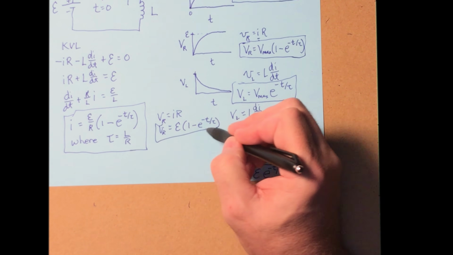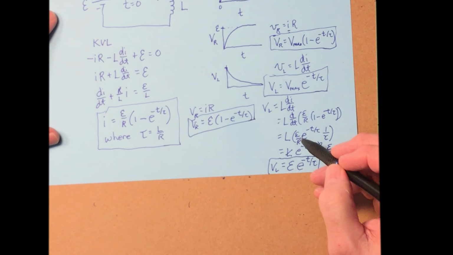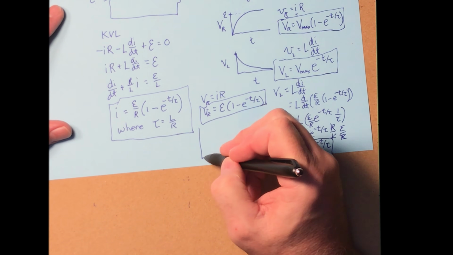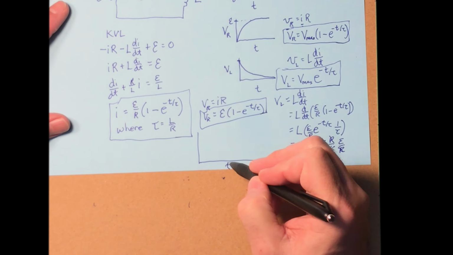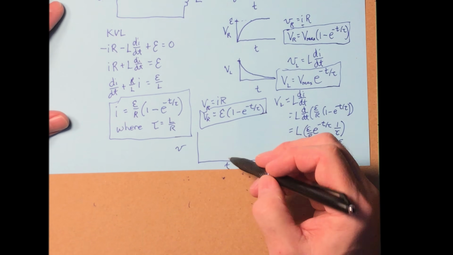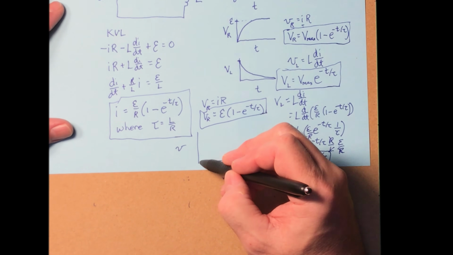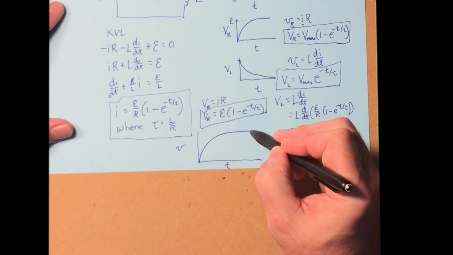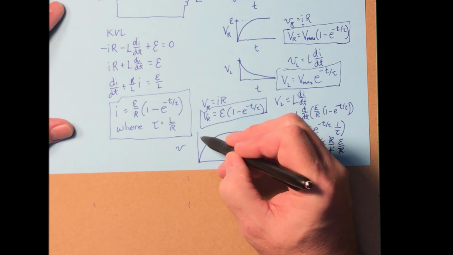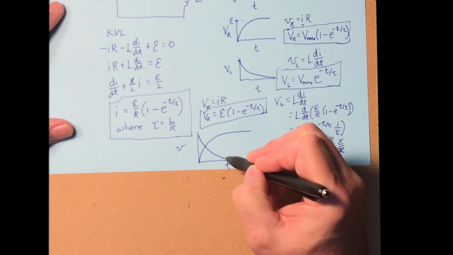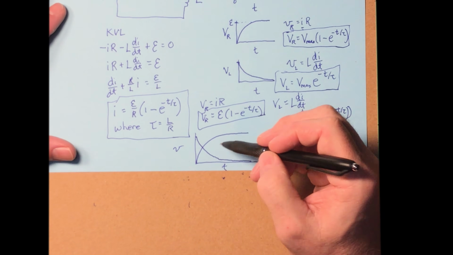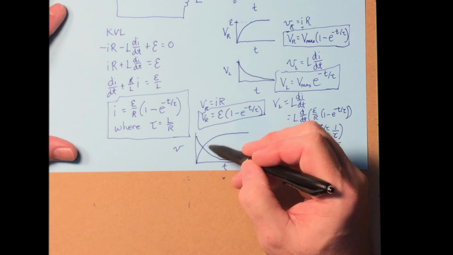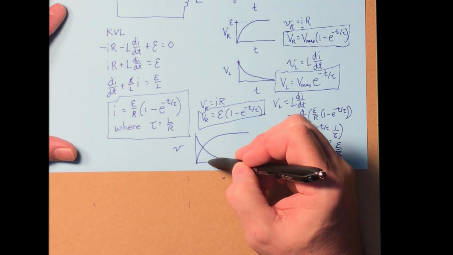And here's V sub R. If you were to graph those two on the same graph, voltage versus time, the V sub R is going to do that. The V sub L is going to do that. And if you were to add them up at each individual time, so let's just pick an arbitrary time here.